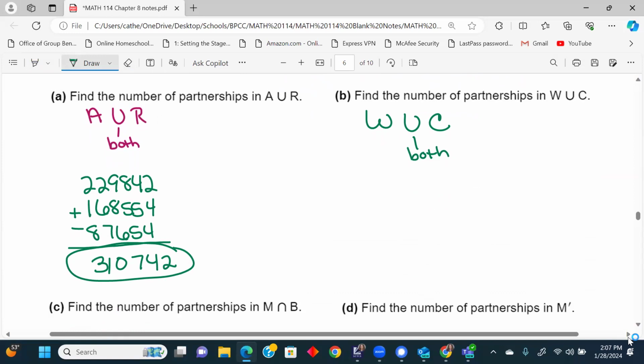We want W and C. W was 84,813 plus C, 141,889. There was no overlap of W and C in the chart, so we have nothing to subtract out. So 226,702.